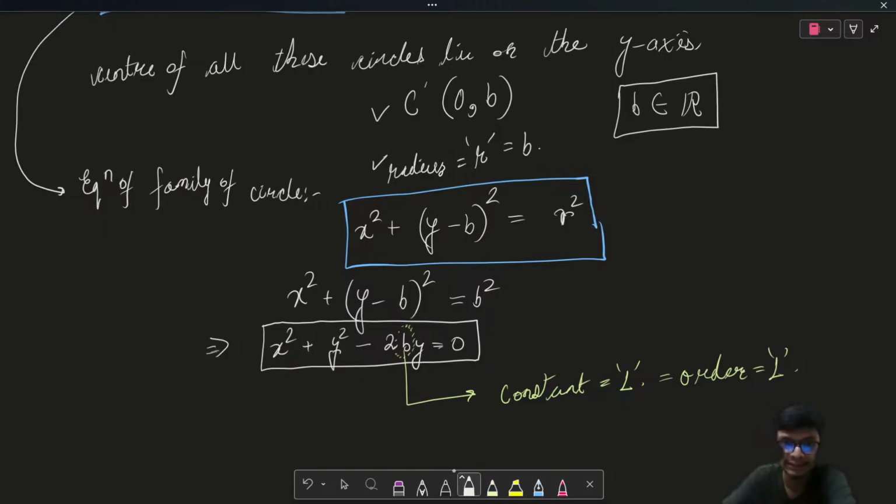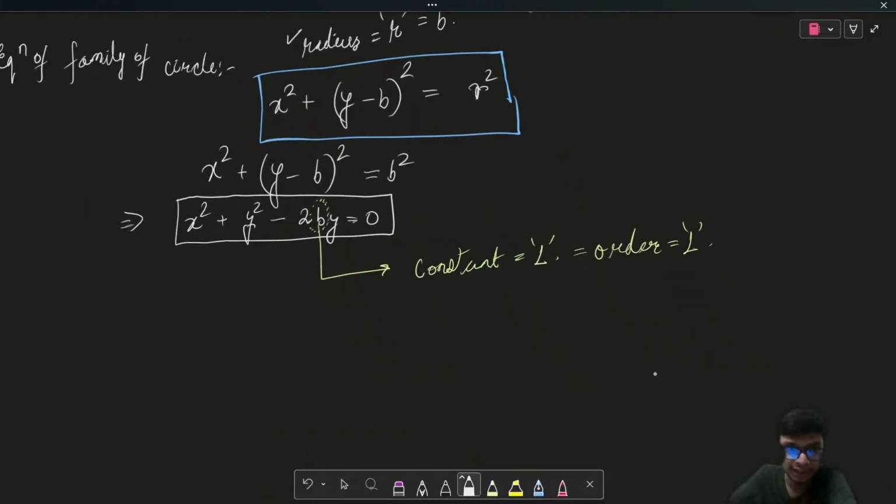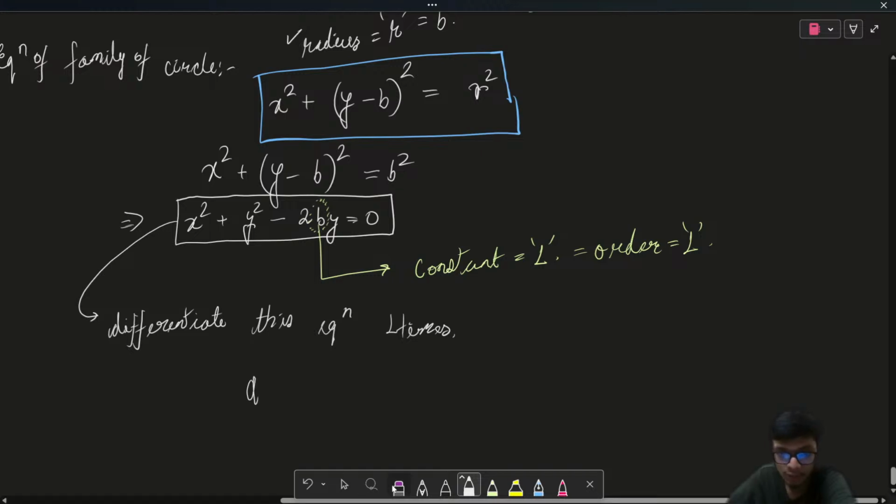So if I differentiate this equation one time, what am I going to get?